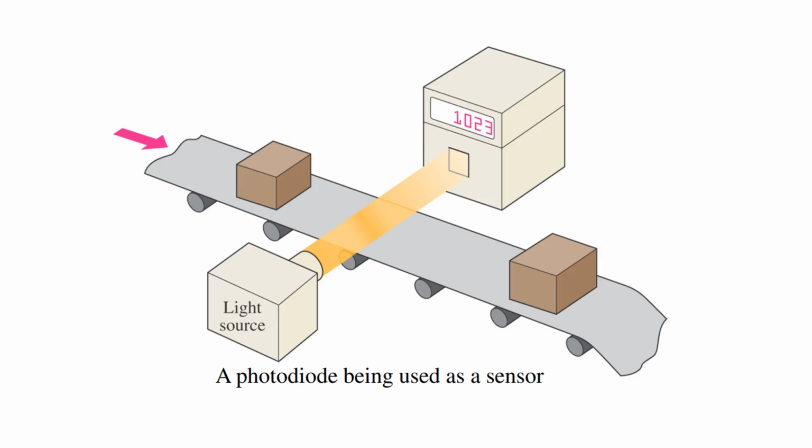Whenever an object goes through here, there is no light on the diode, so the current is equal to the dark current. We will write a program like that: whenever the current is equal to the dark current, the count increases. Like that, how many times the dark current is indicated is the count of the items fabricated in an hour or in a day.